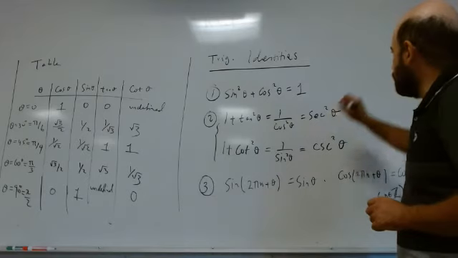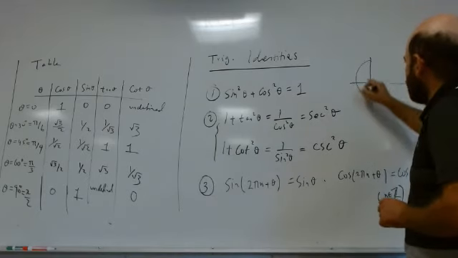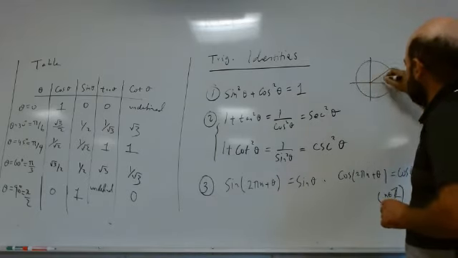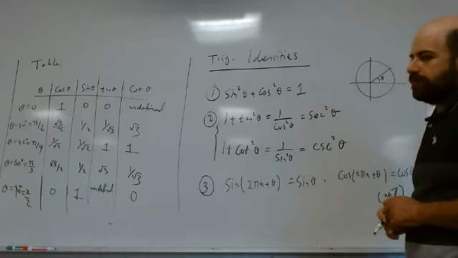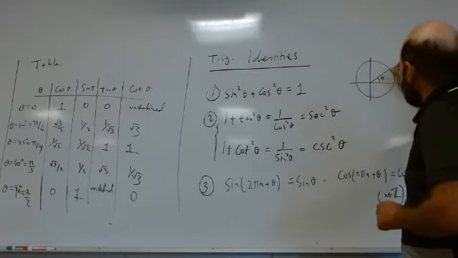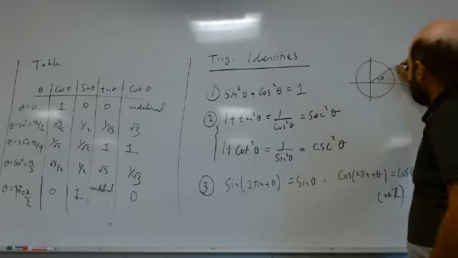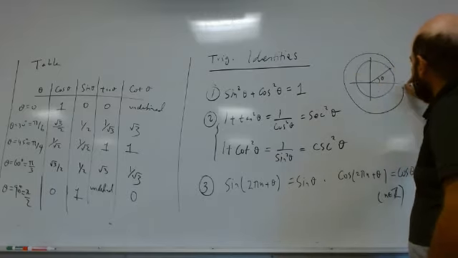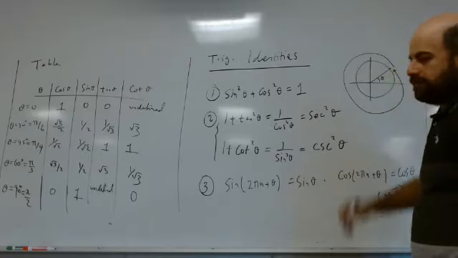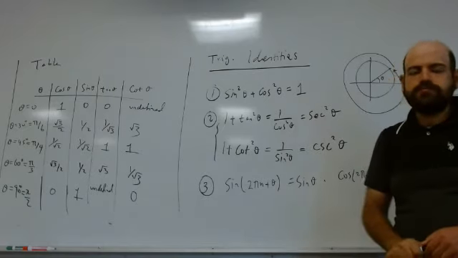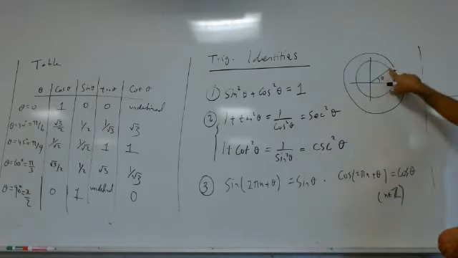So let's say you're at some point, at some angle theta, let's say you are here, right? And now let's say you move 360 degrees and you come back here. So this angle is theta.